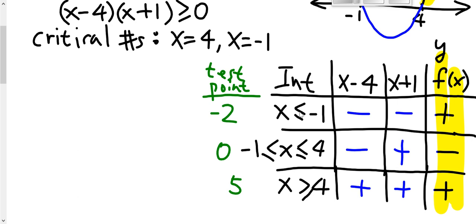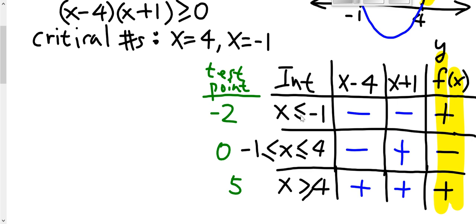Which region? There are 3, 1, 2, and 3. Which region or regions would give you a positive f of x or positive y values? This region, when x is less than or equal to negative 1, and when x is greater than or equal to 4. Positive for this, positive for this, they're good. Negative for this, nope. We want that to be greater than or equal to 0.